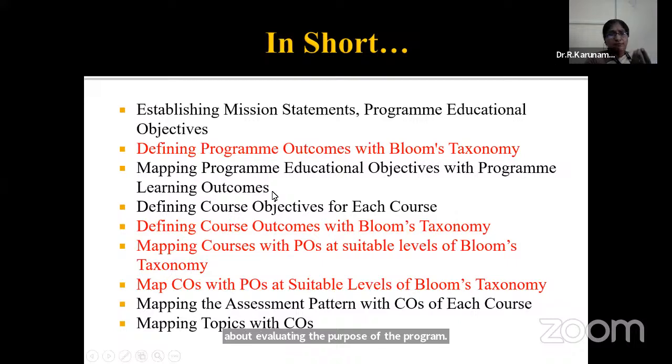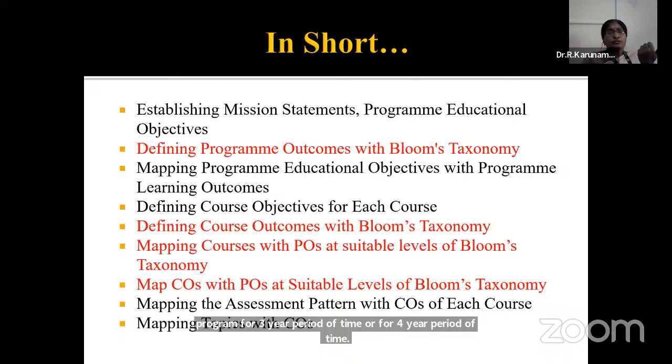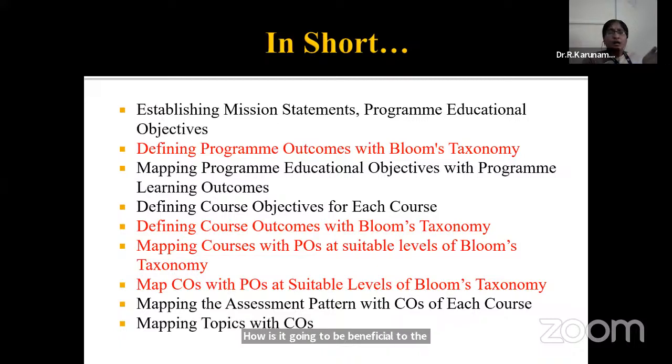What is the reason for the institution to offer a particular program for a 3-year period of time or for a 4-year period of time? How is it going to be beneficial to the society and to the student community? And in what way it is going to provide employment opportunity for the students. By analyzing all these things, a mission statement can be formed.